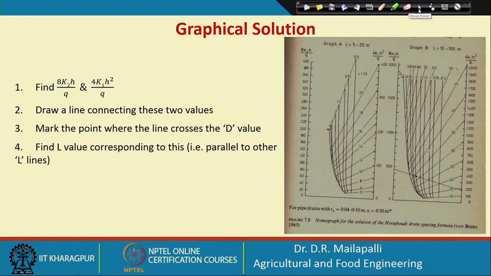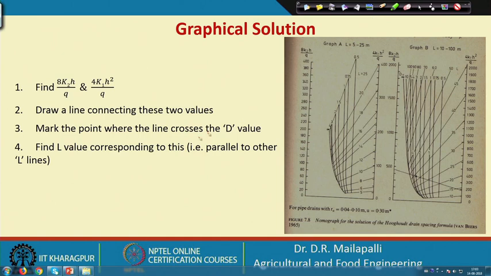There is also a graphical solution available. Since the Hooghoudt equation contains two terms, 8 K2 d by q and 4 K1 h squared by q, two graphs are available based on the length: graph A for L equal to 5 to 25 meters and graph B for L equal to 10 to 100 meters. Based on the assumed length, you can go ahead with these two graphs.